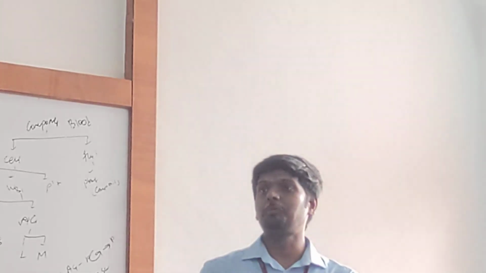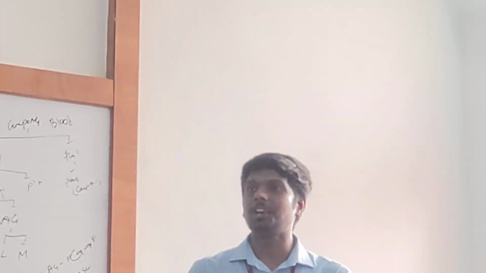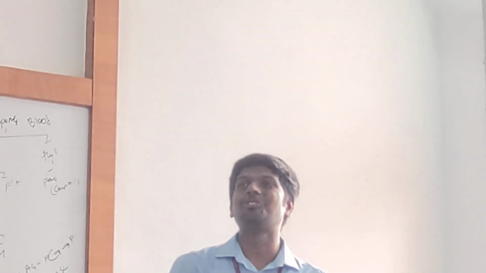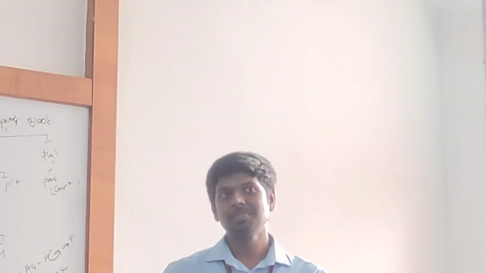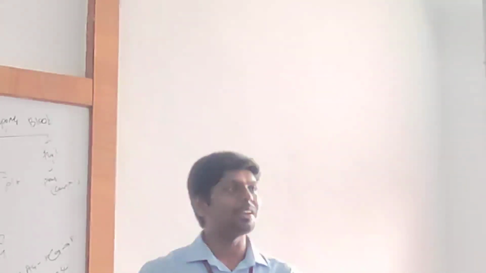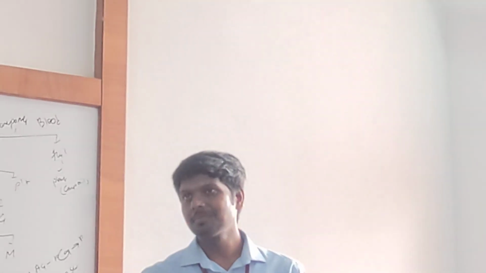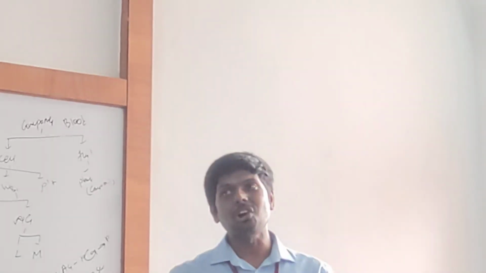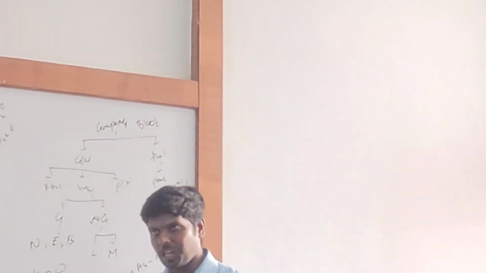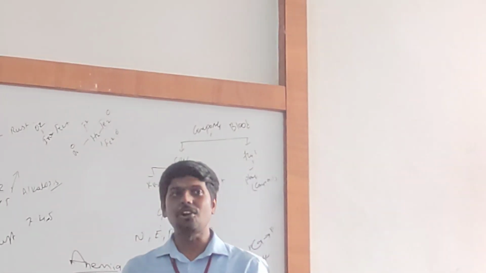Literally, for 5 liters of blood, we need 1 ml of heparin. Just 1 ml is sufficient to keep 5 liters of blood in a liquid state. That means you can understand the efficiency of heparin, how strong it is. Heparin is one of the strongest chemicals. It is very costly to use as an anticoagulant in the lab.